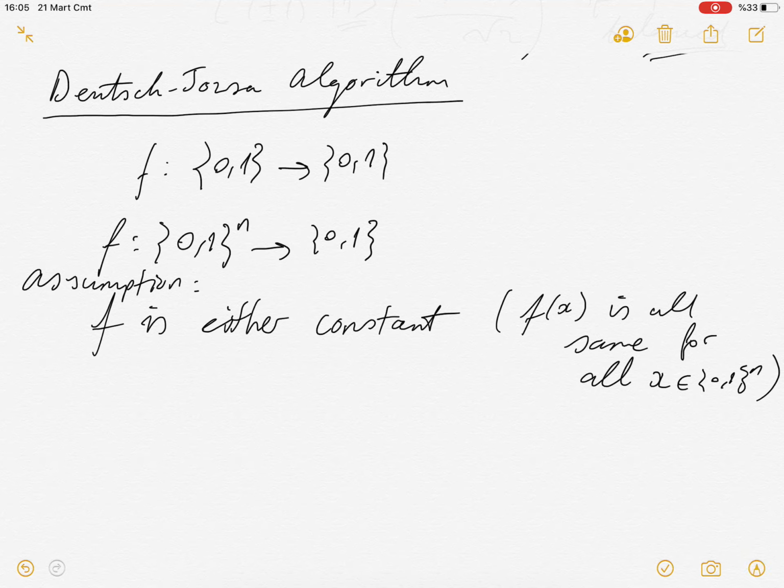So we assume that f is either a constant function or a balanced function.